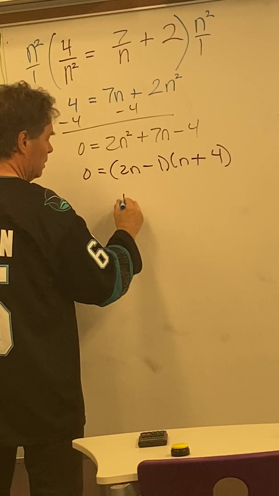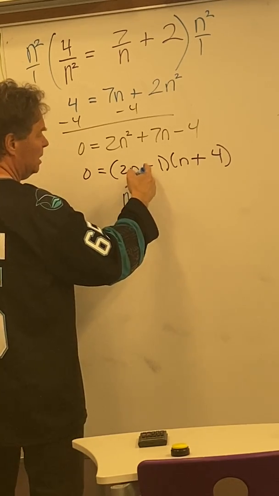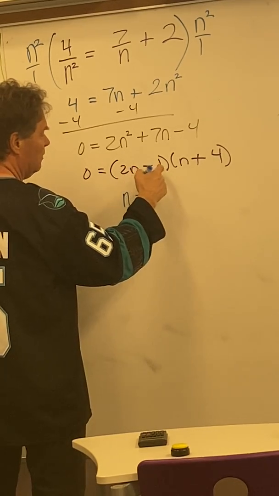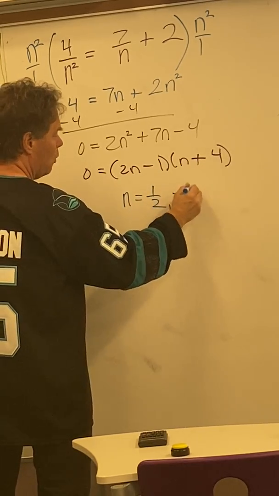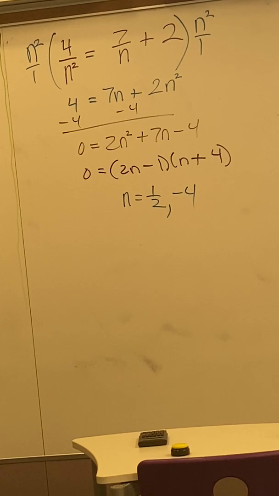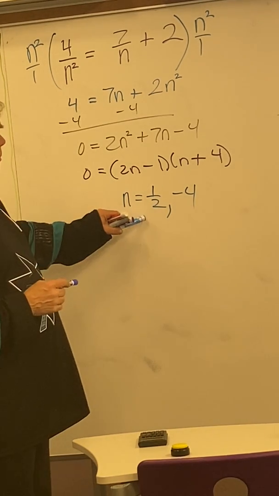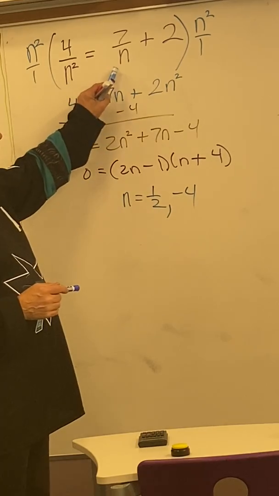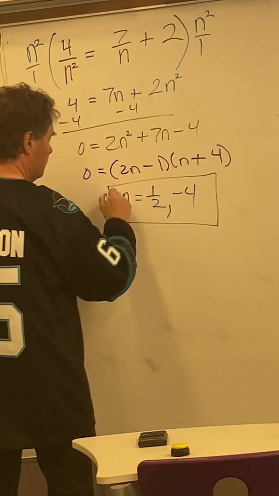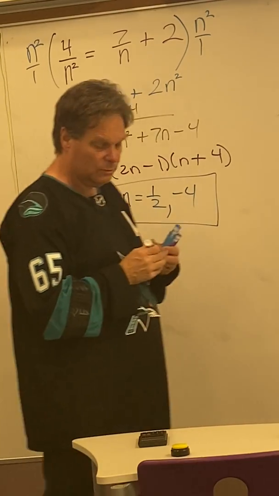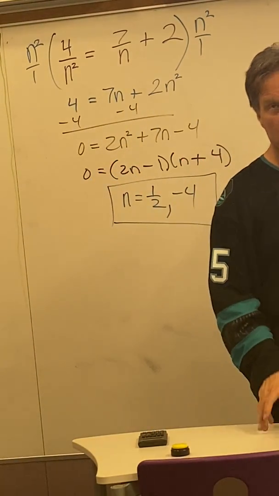To make this equal 0, n equals the opposite of this over this, positive 1/2 and -4, which are my potential solutions, right? Do either of these make any of these denominators 0? No, they don't, so they are good solutions. They're both good solutions. There's 2 answers to that problem.